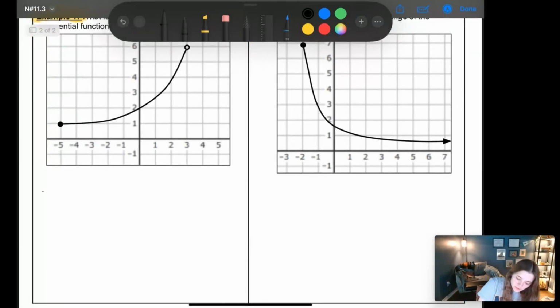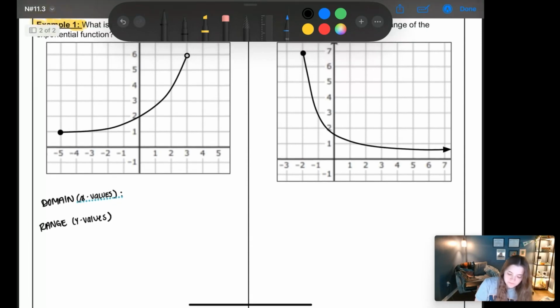So, remember, you need your domain, or your x values. You need your range, or your y values.